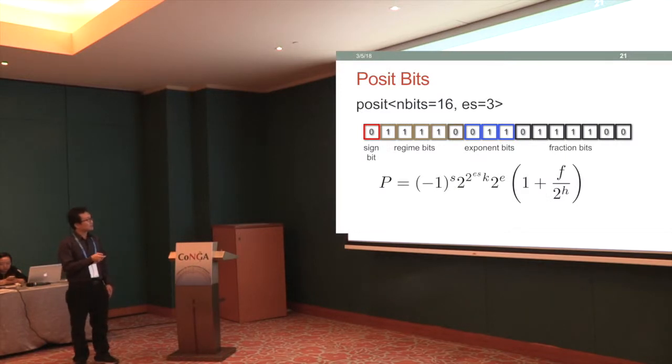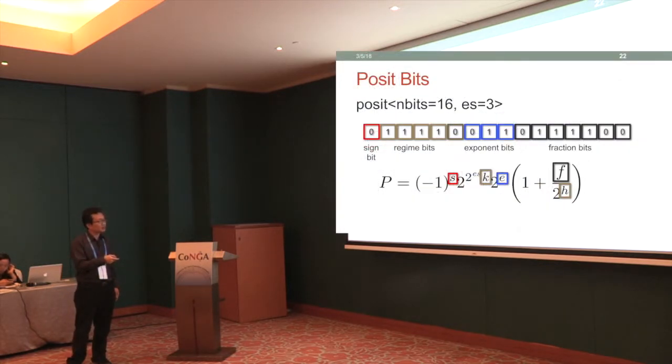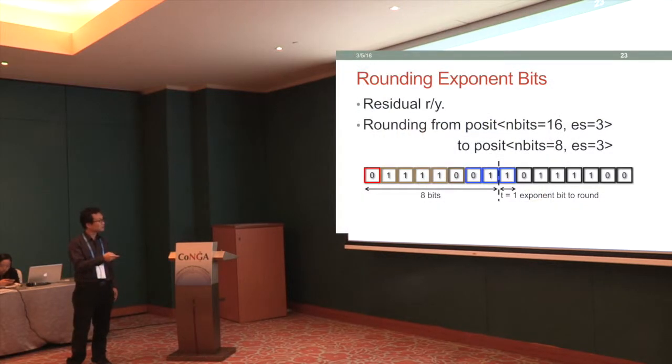For example, a posit has sign bit, regime bits, exponent bits and fraction bits. This corresponds to specific parts or specific parameters in the formula. So let's say now we have a 16-bit posit.